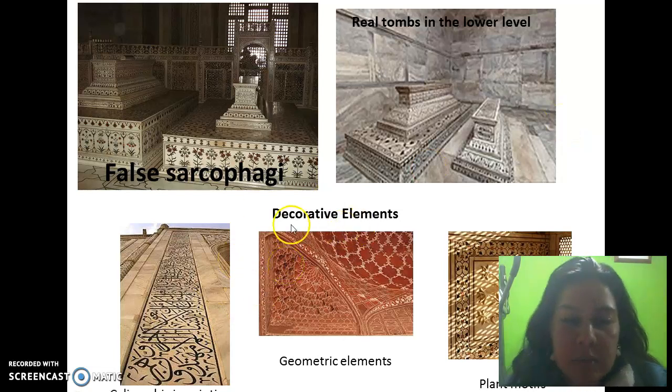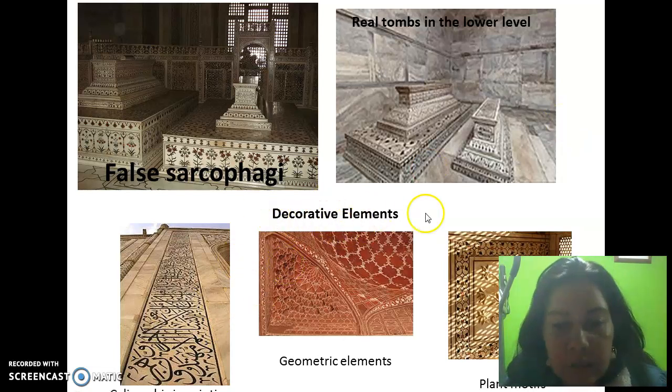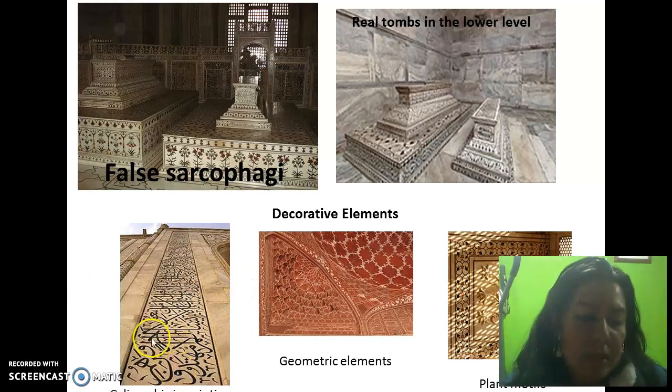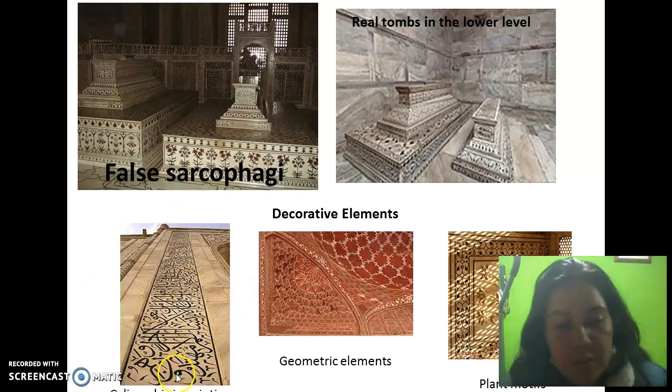The decorative elements are divided in 3 main categories. One is calligraphic inscriptions with Persian poems and some parts of the Quran.